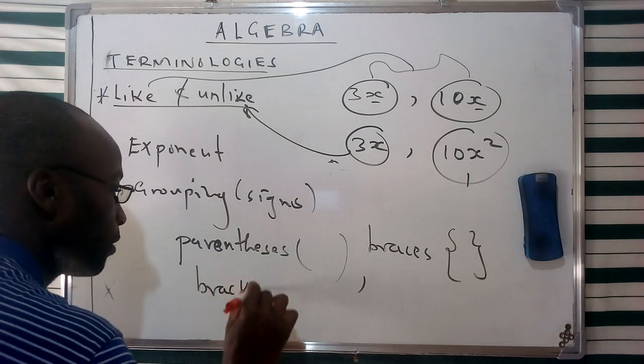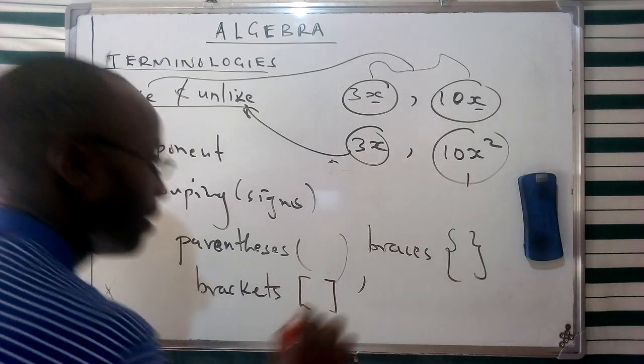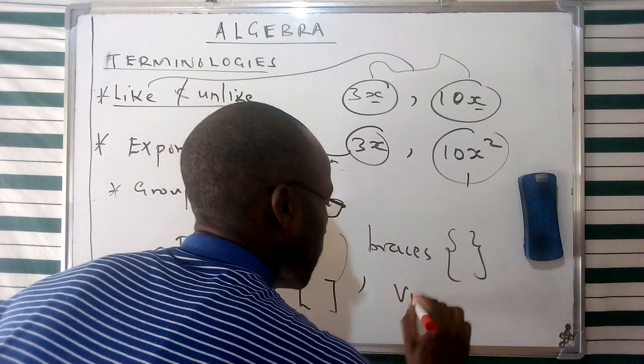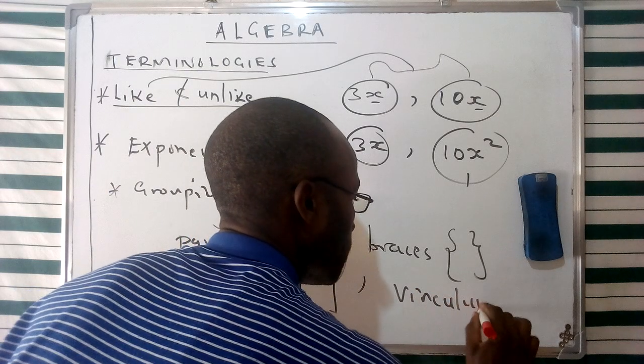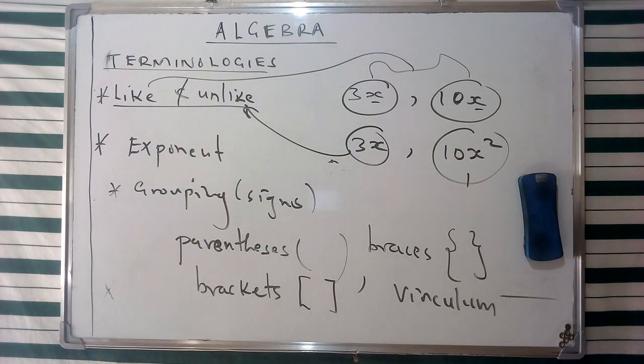The brackets are also used in algebra, given in this specific symbol, and then you can use a vinculum. This is a bar indicated on top of an expression.